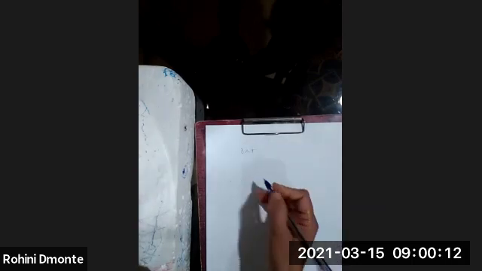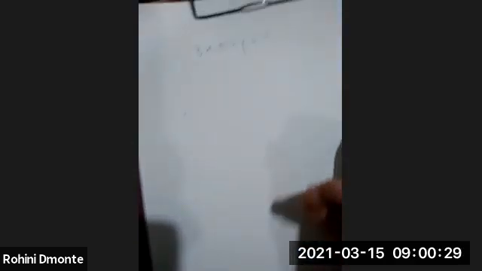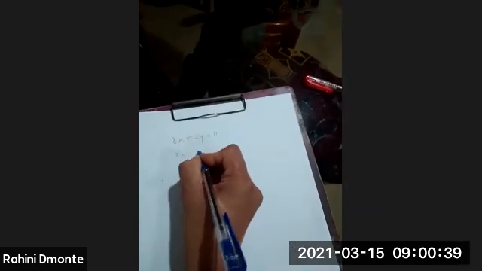3x plus 2y is equal to 11 and 7x minus 4y is equal to 9.